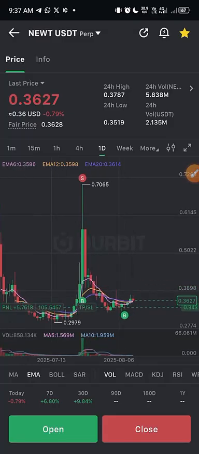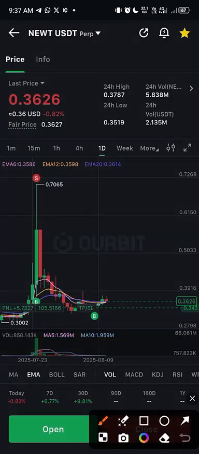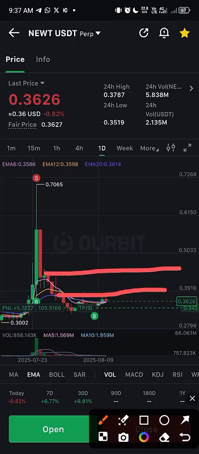I would have turned it to use the drawing tools here to check for the levels. However, using my line, I can see that this one is around 0.39, right? This one will be around, let's say, 0.445, and this is around 0.6.